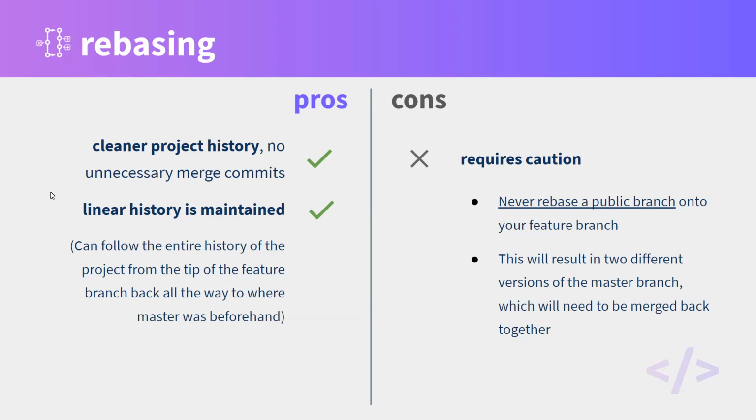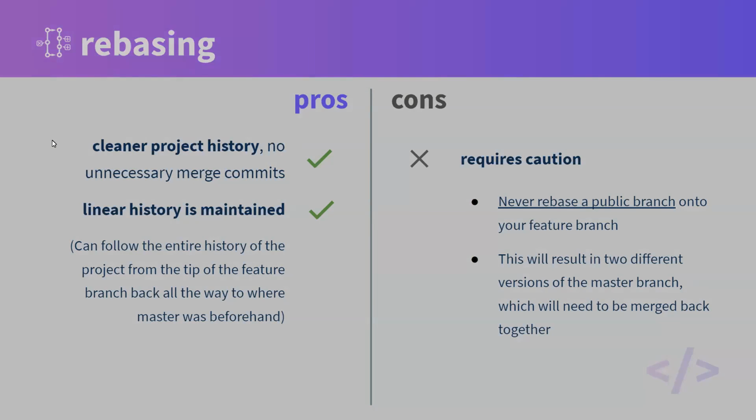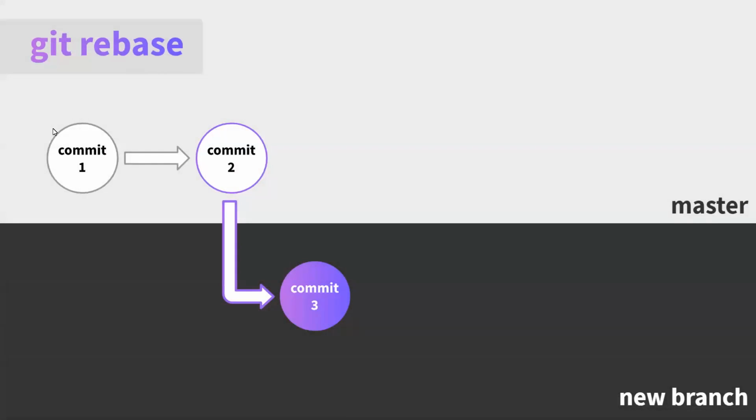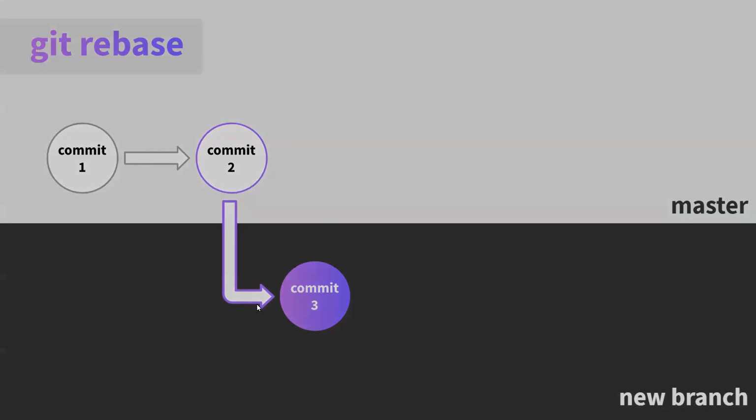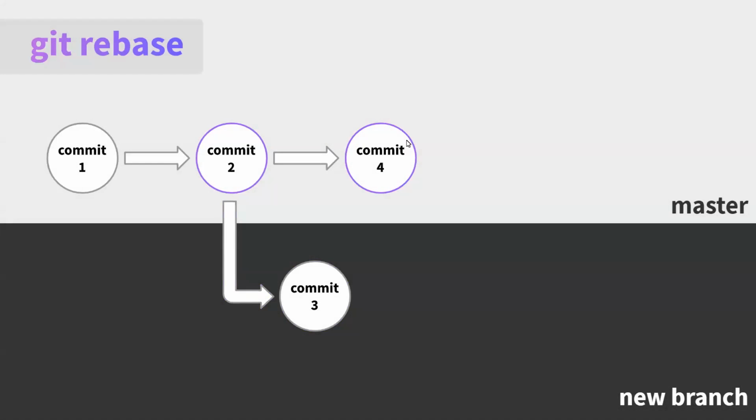Yeah. Can you give an example of rebase? I will right here. So let's say we have commit 1 and 2 in master, and then I'm working on a feature branch, same thing, commit 3. Someone puts a commit on the master branch, maybe some feature, right?